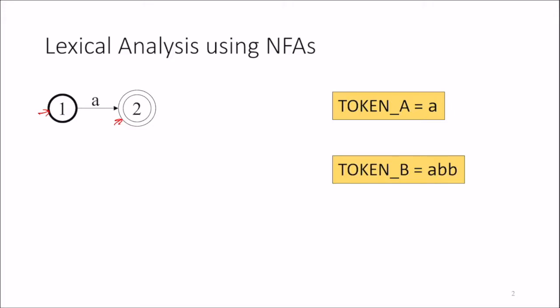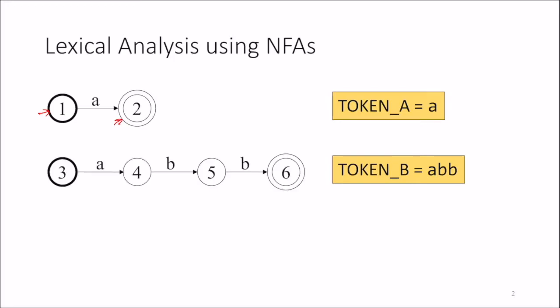Token B is the concatenation of A, B, B, and the finite state automata for that is just the sequence A, B, B. You're transitioning from this start state all the way to this final state. At any point, if you're at state 4 and you get another symbol, it's not going to be able to get to a final state, so it would reject that string.